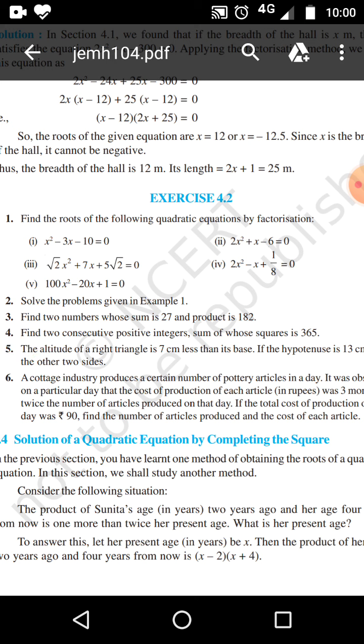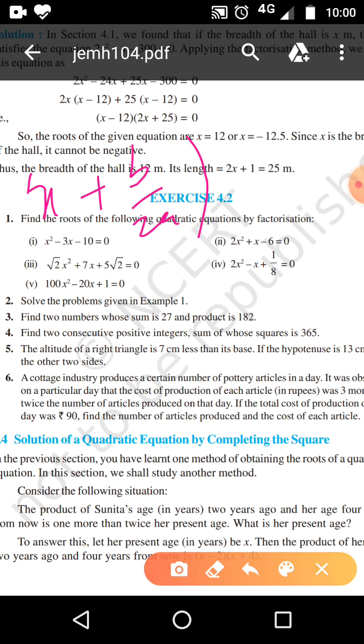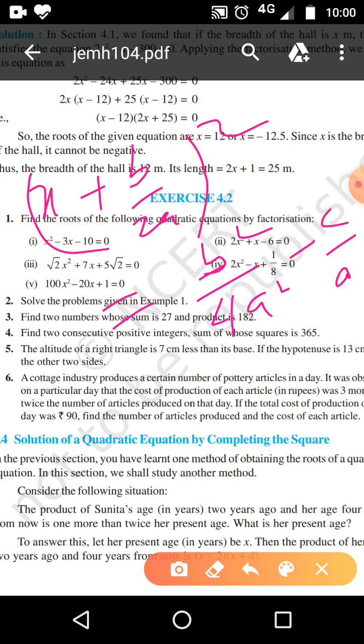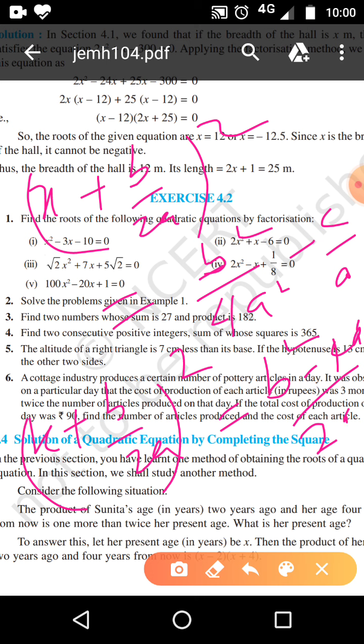So this can be written as x plus b by 2a whole square, and this is nothing but minus b square upon 4a square minus c by a. So we can write x plus b by 2a whole square is equal to b square minus 4ac upon 4a square.